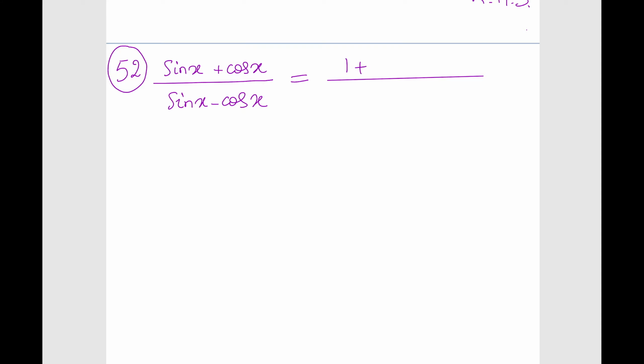So we want to show that sine x plus cosine x divided by sine x minus cosine x is equal to 1 plus 2 sine x cosine x over 1 minus 2 cosine x squared. Okay. And this is what we want to show, right?